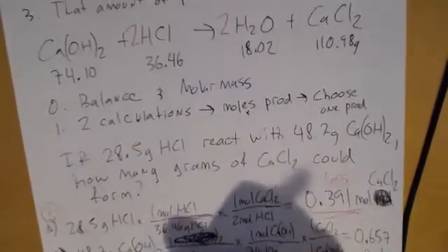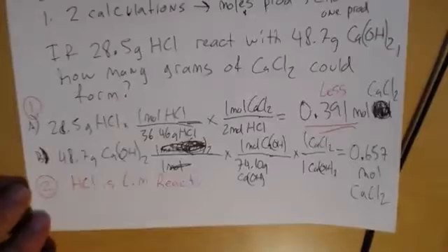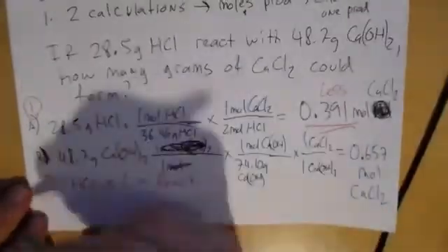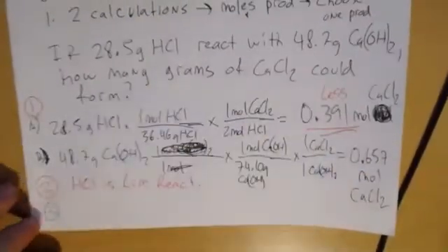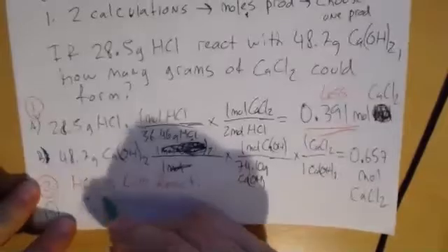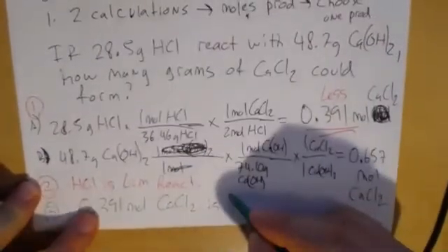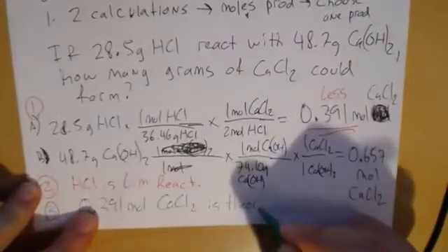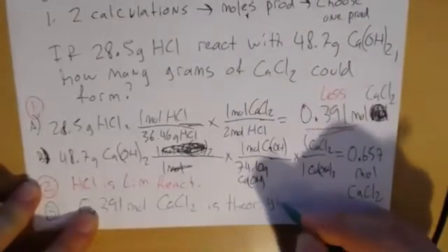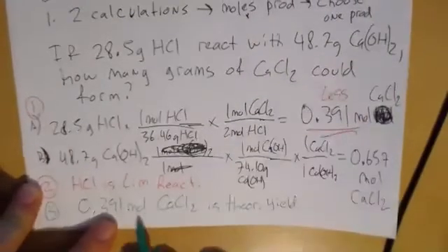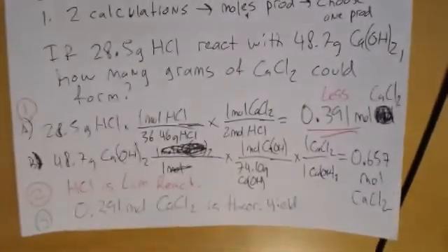It makes the least. And then step 3 says that amount is the theoretical yield. So 0.391 moles calcium chloride is the theoretical yield. We could find, if we wanted to, this amount in grams, right?